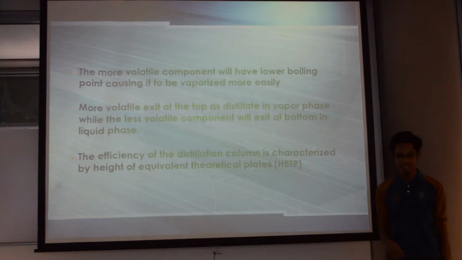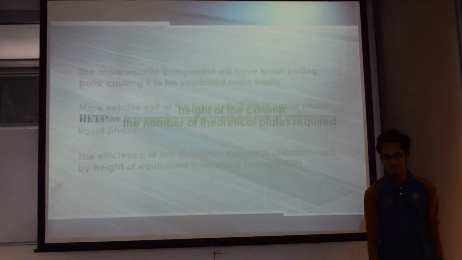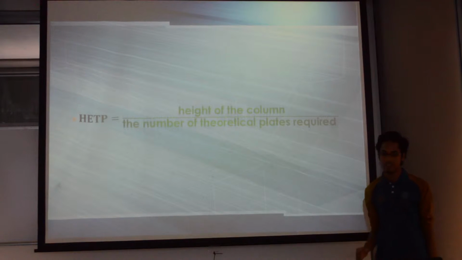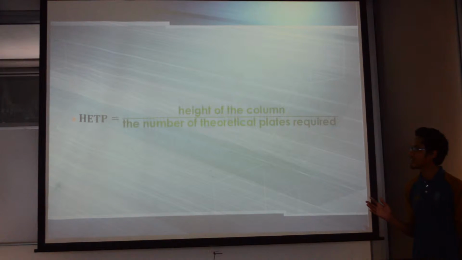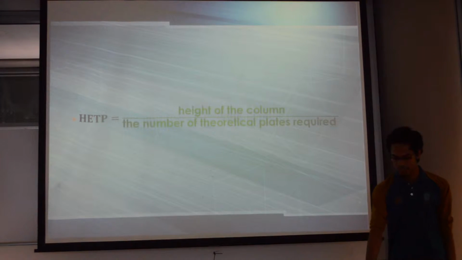The efficiency of the distillation column is characterized by the height of equivalent theoretical plate or HETP. This is the formula to find the HETP, which is the height of the column divided by the number of theoretical plates required. So I will move to the methodology of this experiment.